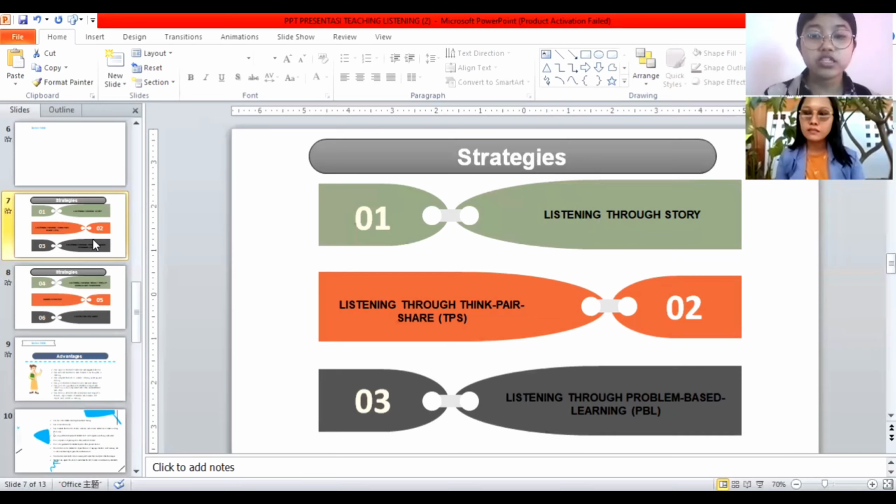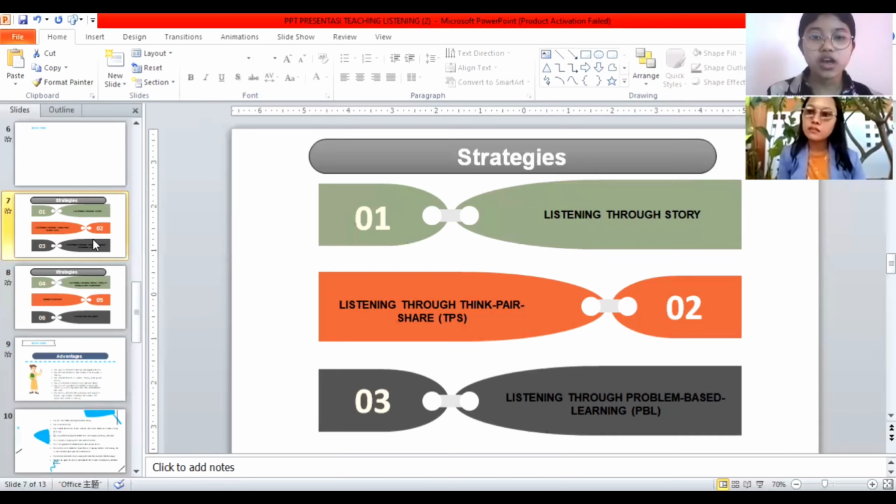The first one is students listen to the sound of the tape recording three times. Then students think individually about the answers to questions given by the teacher. The third one, after 10 minutes, students are asked to work in pairs, discussing each other's answers.